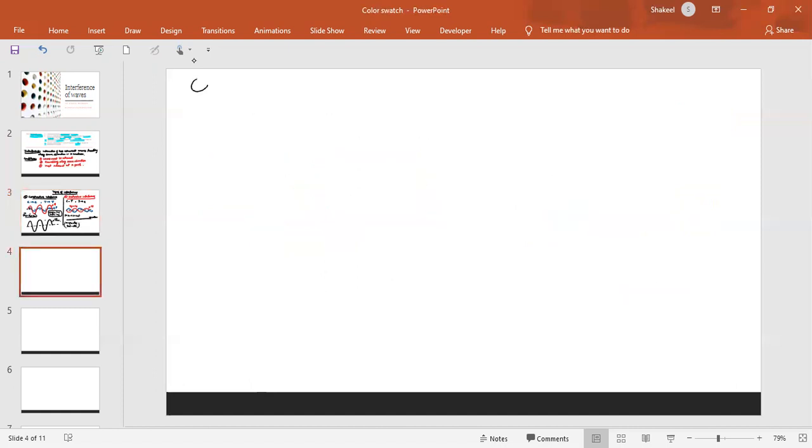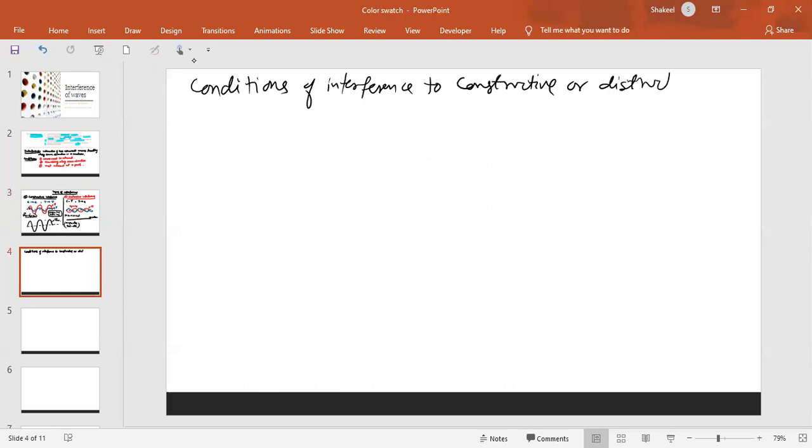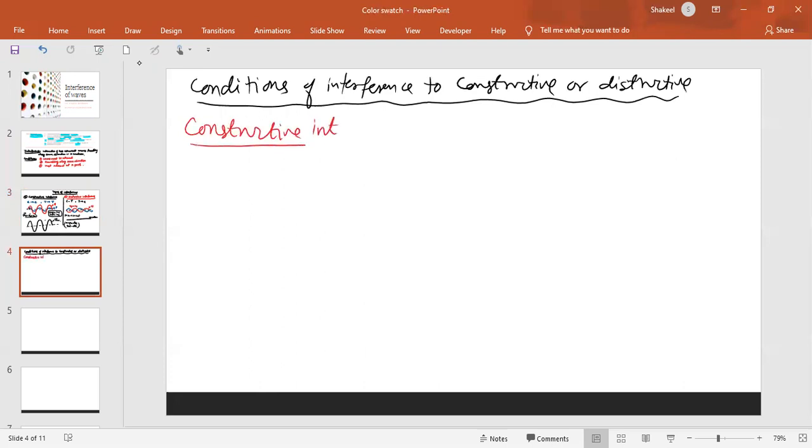Now let's work out the conditions for interference to be constructive or destructive. For constructive interference, we have to look for the conditions.